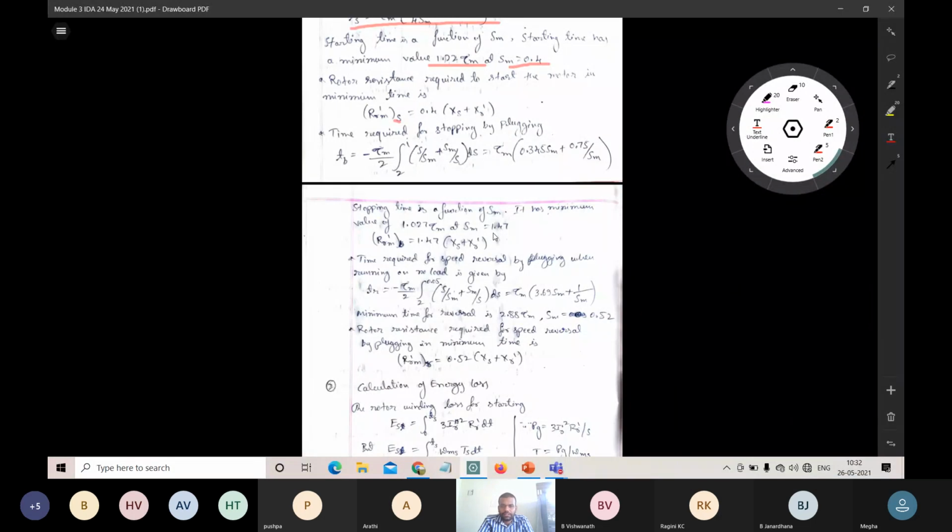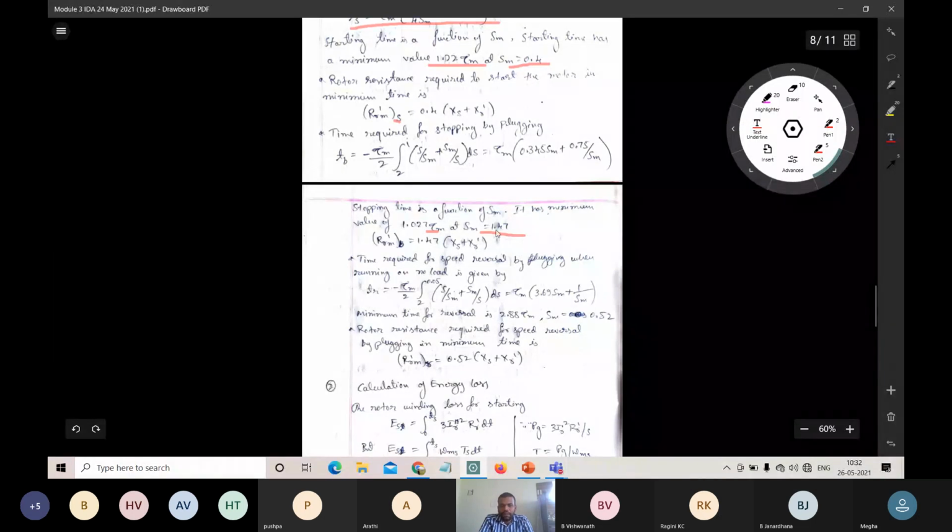These are some constants when we are operating with the slip from 0 to the 95% range of speed. With the 95% range of speed, these are the constants. Sm equals 0.4, Sm equals 1.47, and tau m 1.22 times tau m, and here 1.027 times tau m.